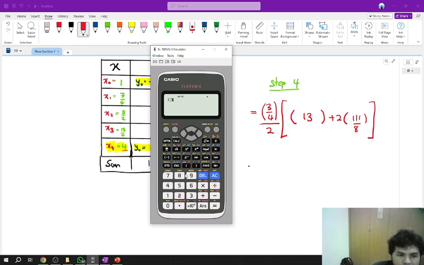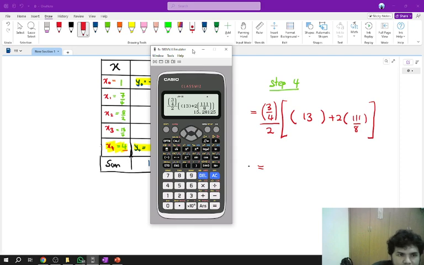Bracket of 3 over 4 over 2, big bracket, again 13 plus 2 times 111 over 8, close bracket, and bracket again. Alright, so we have all 6 brackets, that's enough, then equal. So we get the answer.